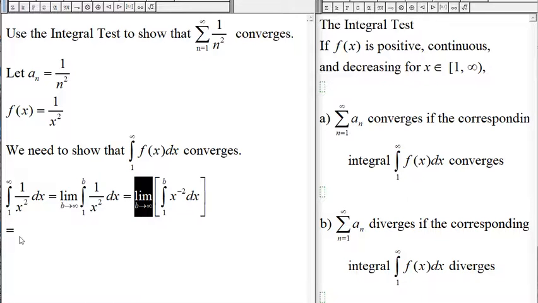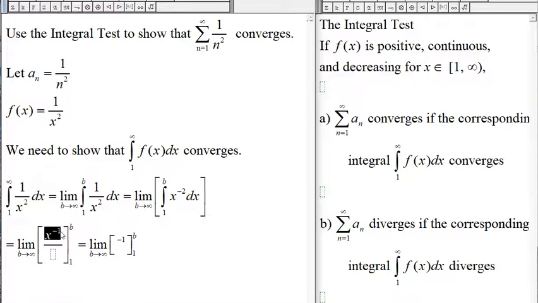And then to find the antiderivative here, we add 1 to the exponent. So x to the negative 2 plus 1 gives x to the negative 1, and we need to evaluate from 1 to b. We add 1 to the exponent, we get negative 1, and then we also need to divide by negative 1.